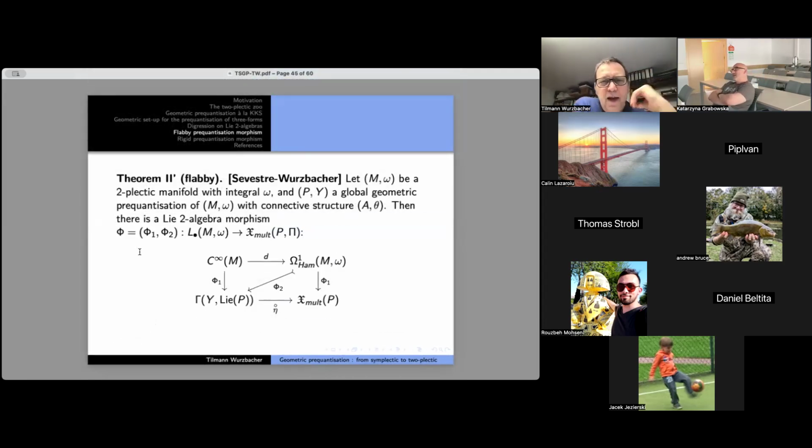So the first analog of theorem 2. I remember theorem 2 was about the morphisms, that the Poisson algebra of the base manifold M is isomorphic to the symmetries of P and A. Let's start with a two-plectic manifold with integral omega. And a global geometric prequantization is this structure with Y. So Y is a PUH bundle over M, with the map big pi.